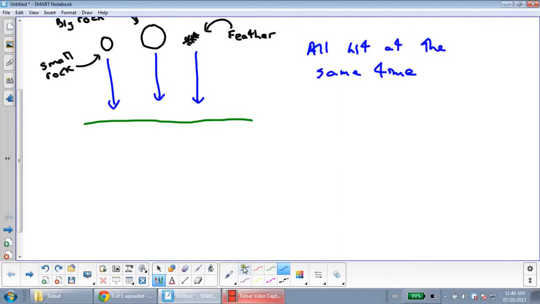Now, they all hit at the same time because their acceleration is constant. So therefore, a must be the same, or constant, for all of them here on Earth.